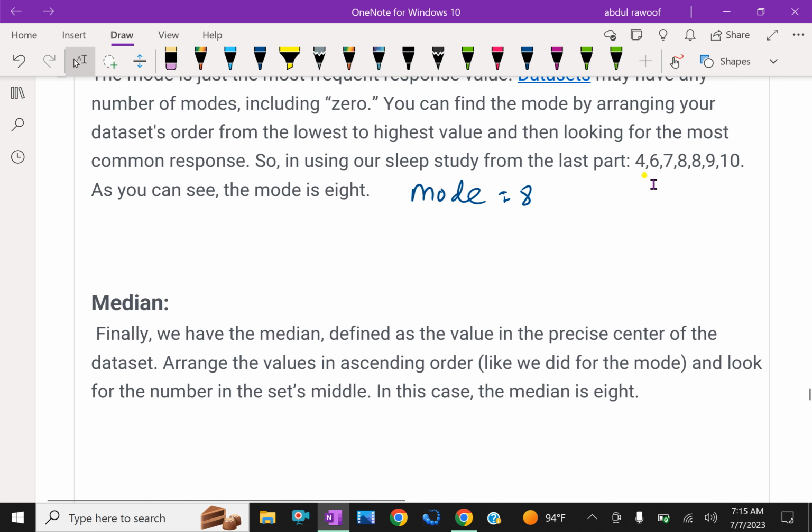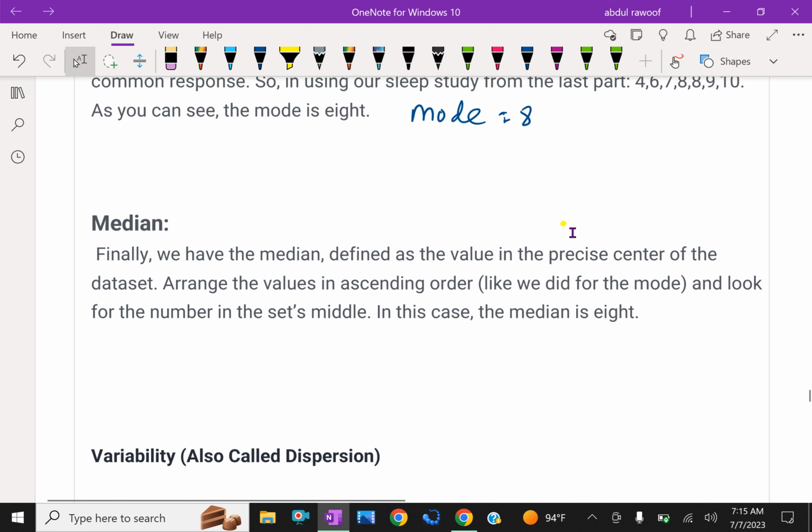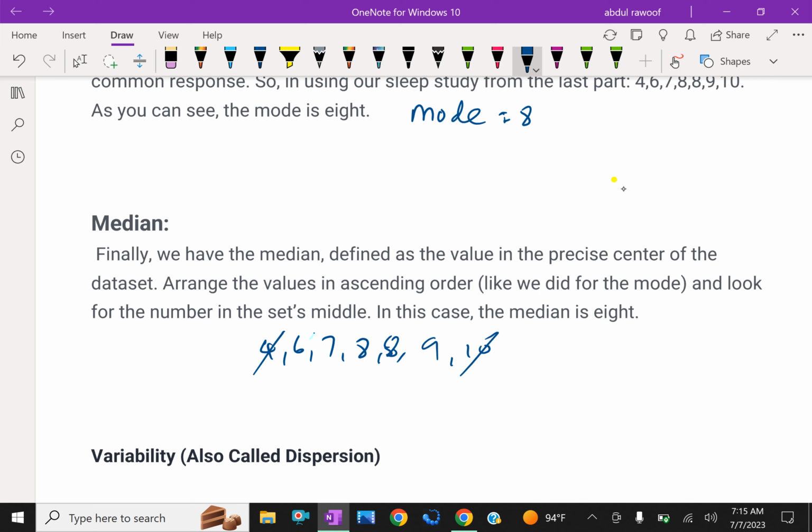It is already arranged: 4, 6, 7, 8, 8, 9, 10. Here the center, the median, is 8.